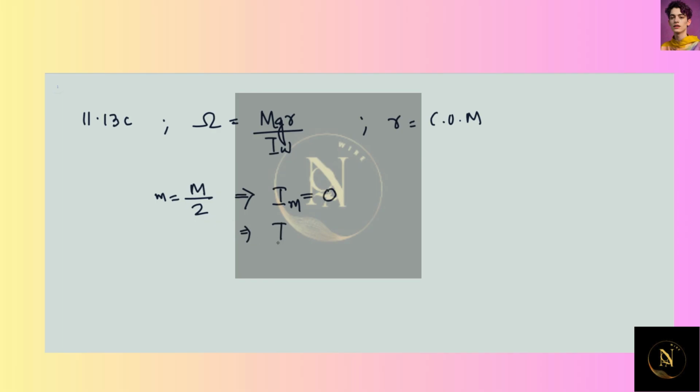Therefore, the total moment of inertia will still be the same and equal to that of the wheel, which is mr square, assuming the wheel is a circle. But we don't need this expression now, so let's just call the total moment of inertia equal to the moment of inertia of the wheel, I.